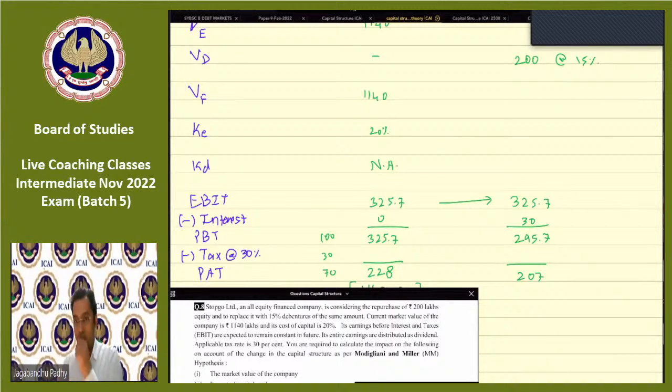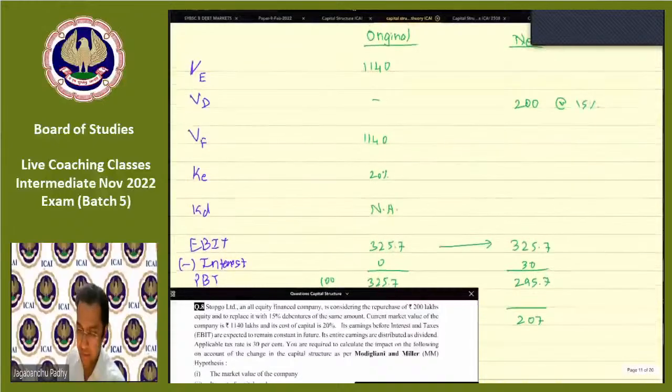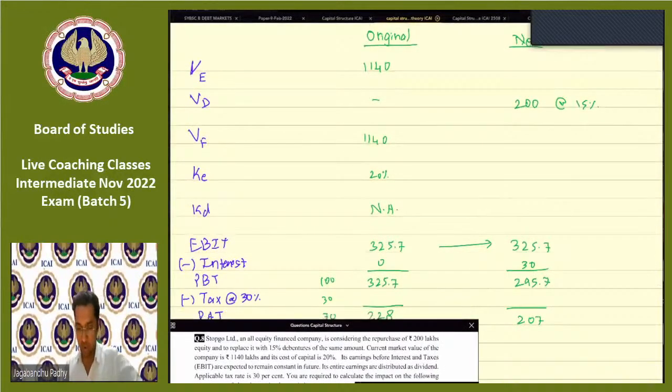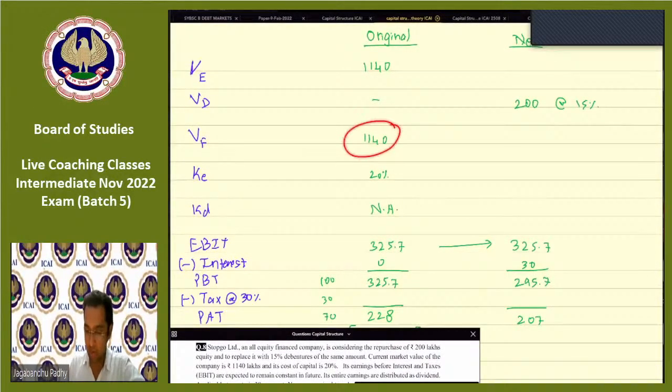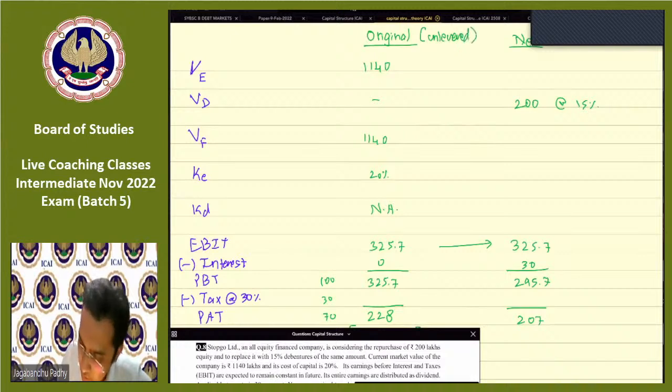So now PAT is 207. There is a tax applicable in the given scenario. Can you tell me what will be the value of the firm of this new entity? By the way, the original entity was unlevered. The new entity is levered.